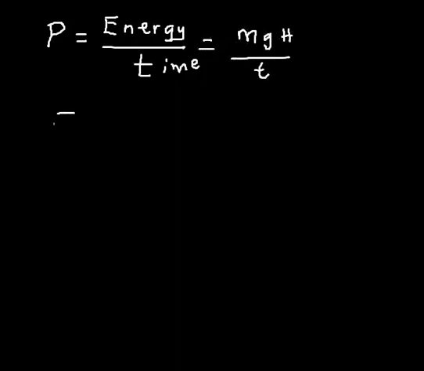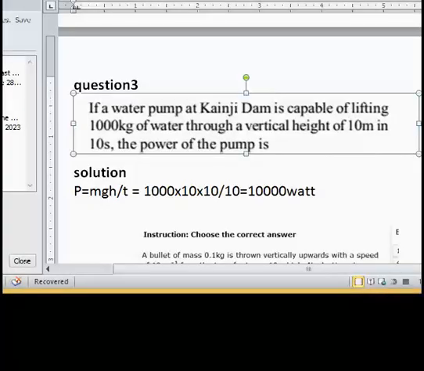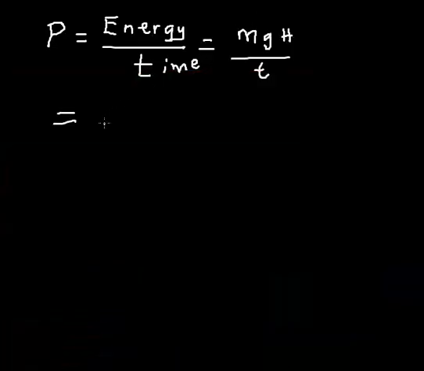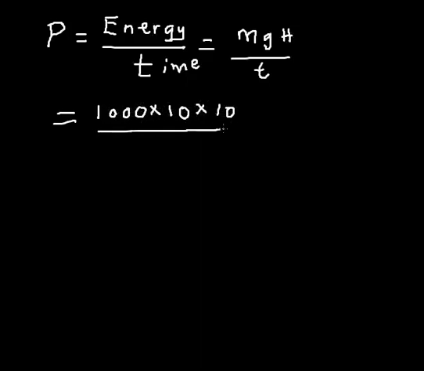So from what we have here, mass is 1000 kg, the height is 10 meter, time is 10 seconds. So that's going to be 1000 kg times g, acceleration due to gravity is 10, and the height, we are told the height is 10 meter, then divided by the time, which of course is 10.